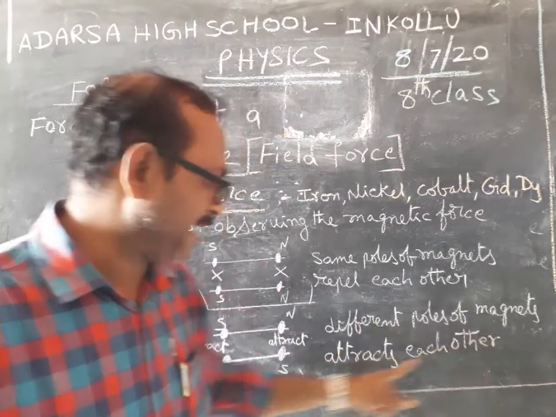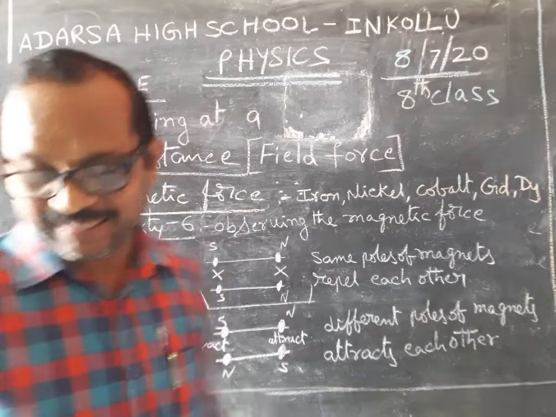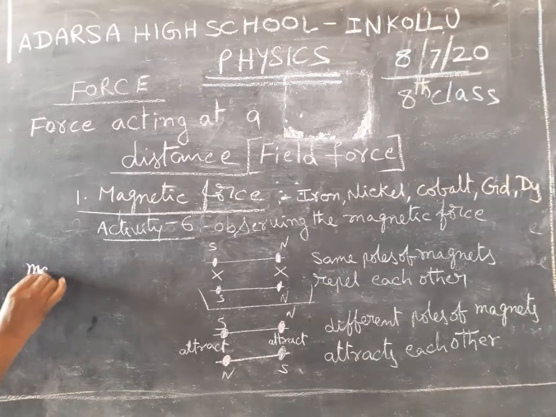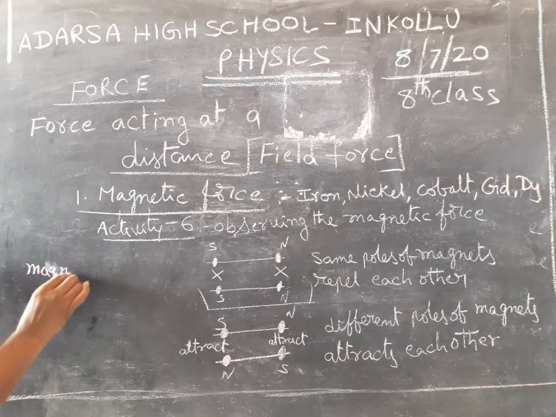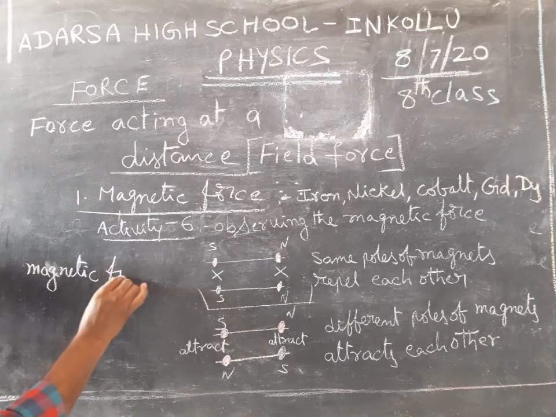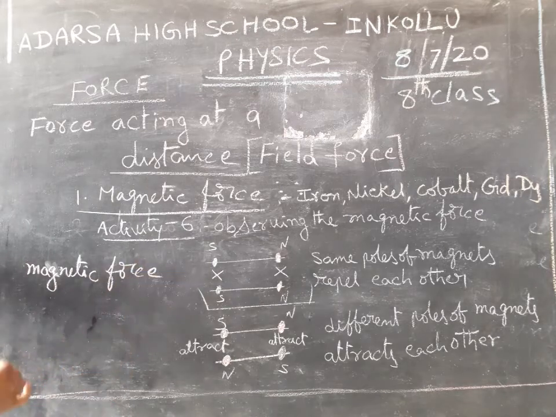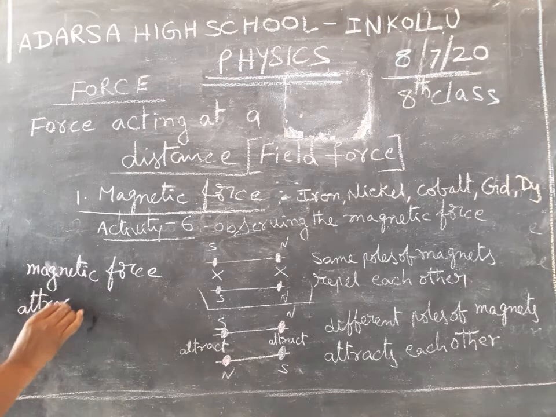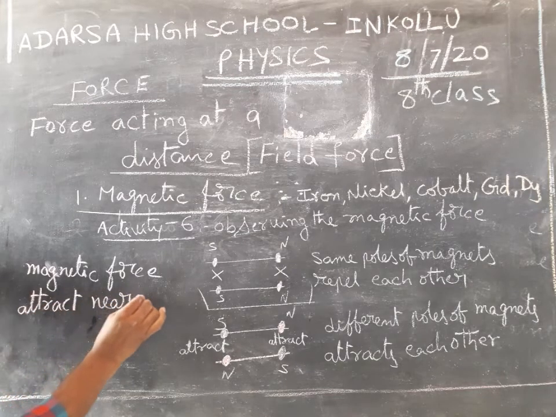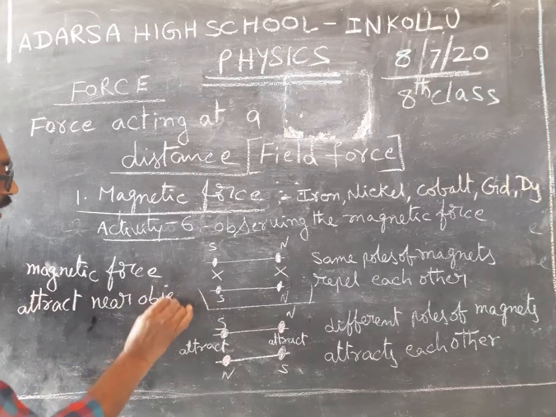Different poles of magnets attract each other. That's why magnetic force attracts near objects.